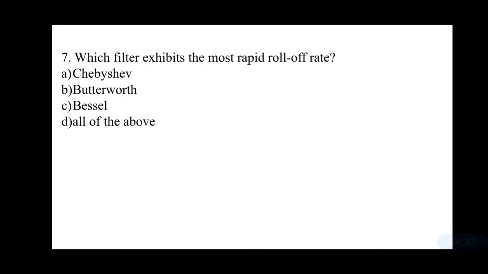Next question. Which filter exhibits the most rapid roll-off rate? Option A Chebyshev, option B Butterworth, option C Bessel and option D all of the above. The filter that exhibits the most rapid roll-off rate is the Chebyshev. Option A is correct.